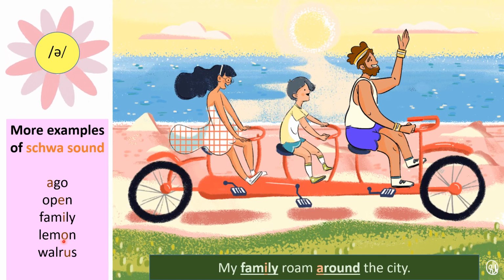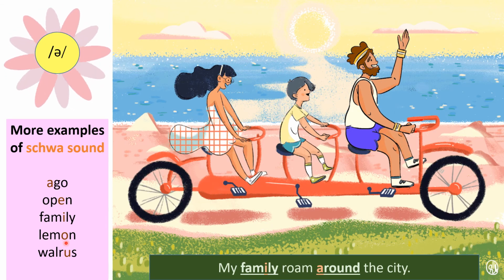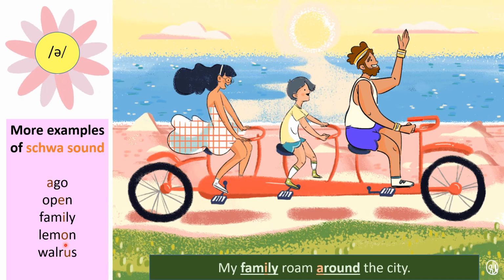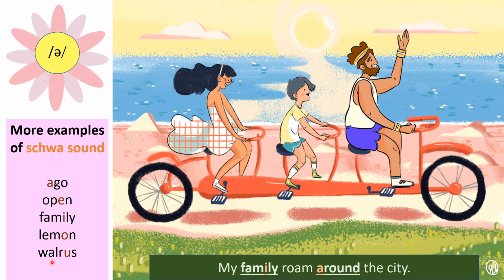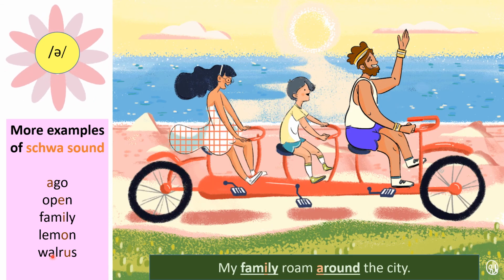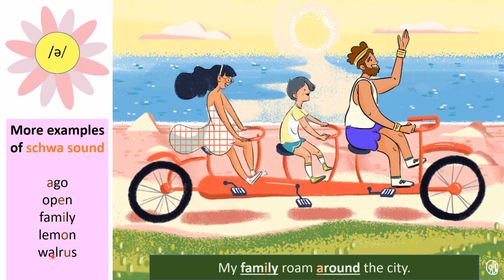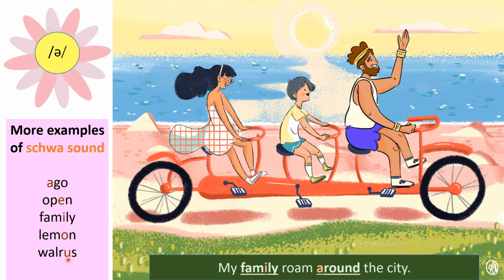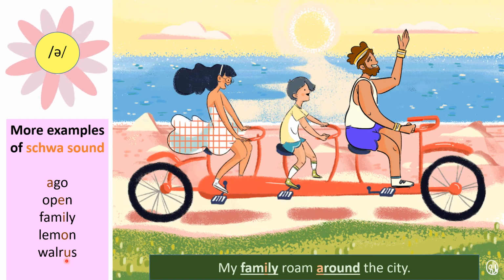Therefore, the letter O here in the next syllable is sounded like the schwa sound. Lemon. Next word is walrus. The first syllable is stressed, so therefore the letter U here in the last syllable has a sound of schwa.